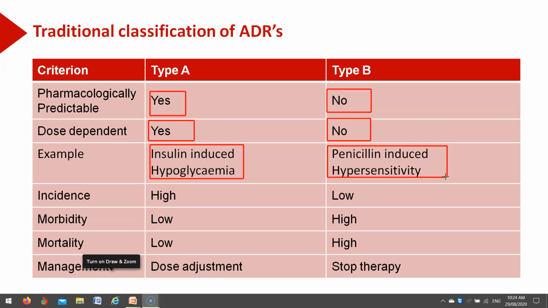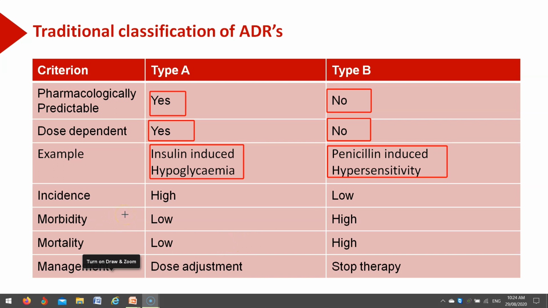So they may test the patient by giving a test dose of penicillin, to see whether the patient is sensitive to it or not. It is very rare, uncommon, and unpredictable. Some deaths may take place in the hospital because of penicillin induced hypersensitivity reactions, anaphylactic reactions.